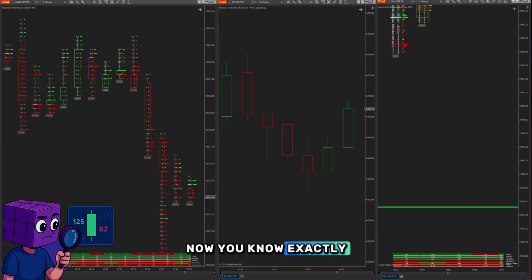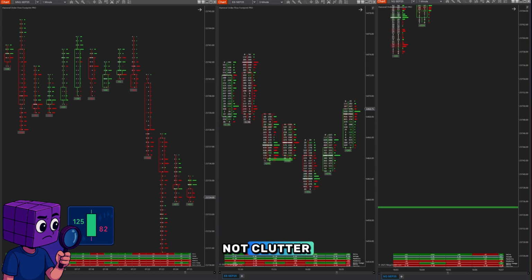Now you know exactly what absorption is, why it matters, and how to set up the Hameral Footprint Pro to spot it with clarity, not clutter. Remember, absorption alone doesn't mean buy or sell. It is a signal of intent, not a guarantee. So use it carefully at support and resistance, at the POC, at the value area high or low, and always at your key areas with the right settings.